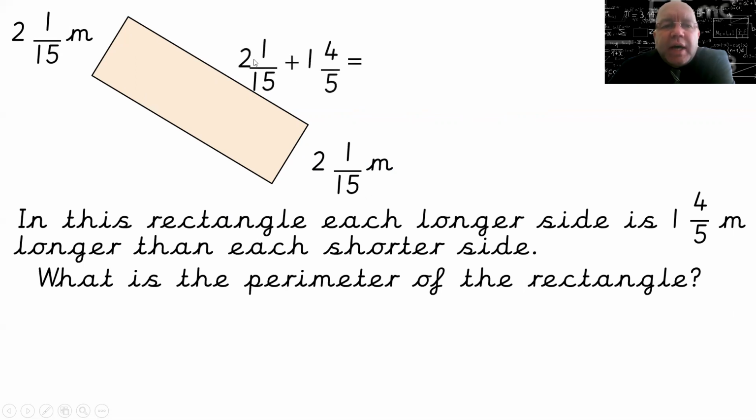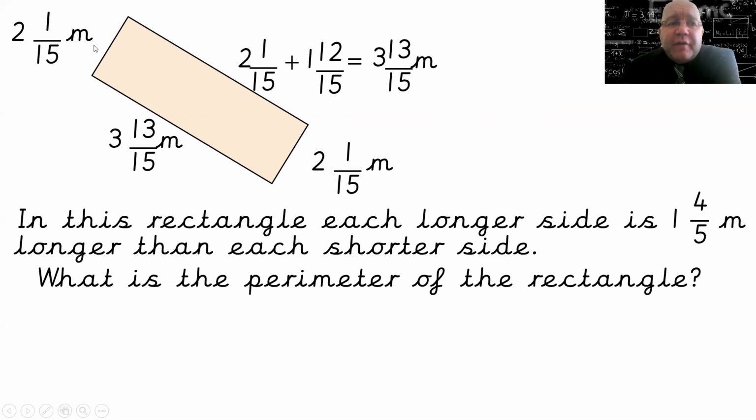So the long side is 2 and 1/15 plus 1 and 4/5. Okay? Which if we convert that 4/5 into 15ths, gives us 1 and 12/15. Add those together, we're going to have 3 whole ones, and we're going to have 13/15. So 3 and 13/15. Okay? And both long sides will be exactly the same.